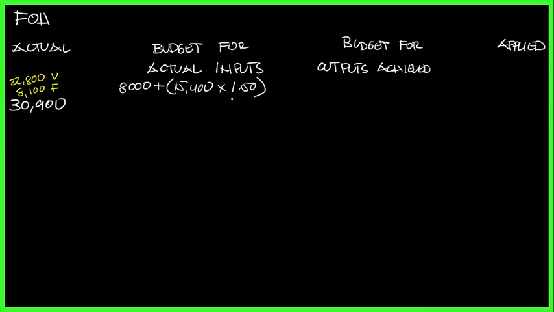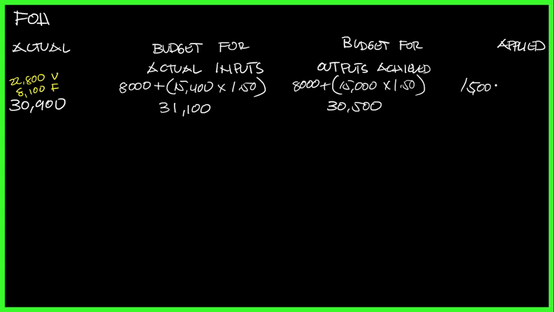Okay, yung standard variable rate natin, and you will get 31,100. Here, you will have 8,000. That's the fixed. You now add your variable, but this time it's based on the standard, times 1.5. Here you will get 30,500.